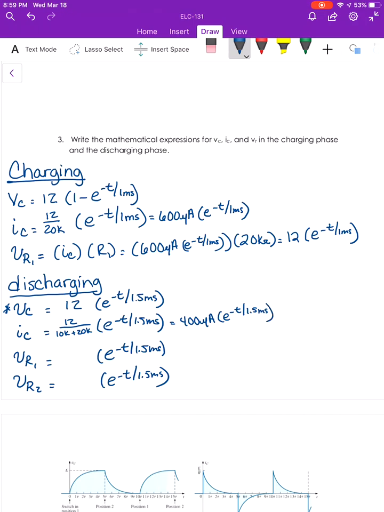VR1, to find that, we're just taking that same 400 microamps and multiplying it by whatever R1 was. That was 20K, I believe. So we're looking at 8 volts there to start with.